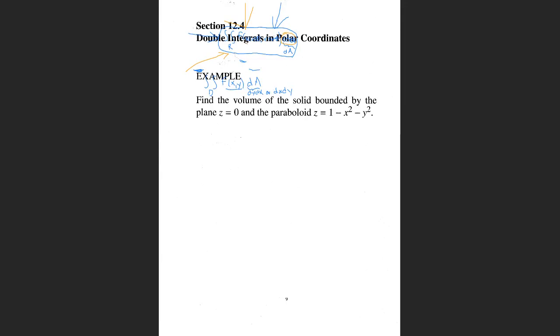Well, okay, Charles, what we're going to do is substitute in, for x, r cosine theta, and for y, r sine theta. So this function here, we're going to know that. We're going to be able to write that out.